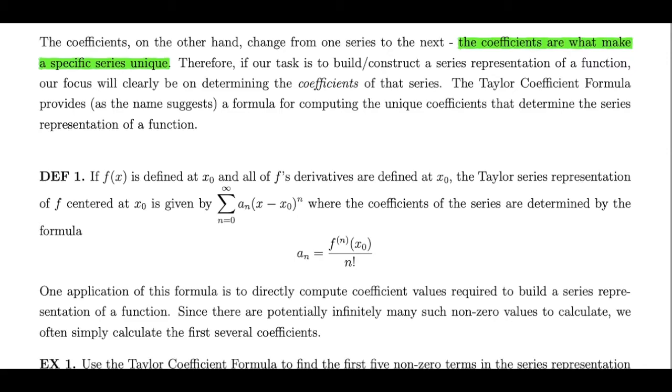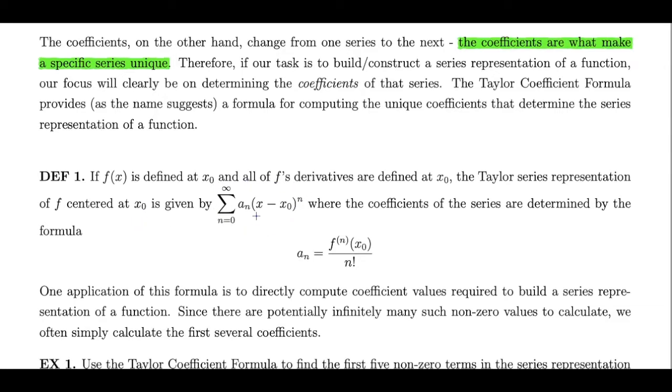In this definition here, we identify that if f of x is defined at the center value x sub 0, and if infinitely many derivatives of f are also defined at that point x sub 0, then we can construct a Taylor series representation of the function centered at x sub 0, given generically in this form.